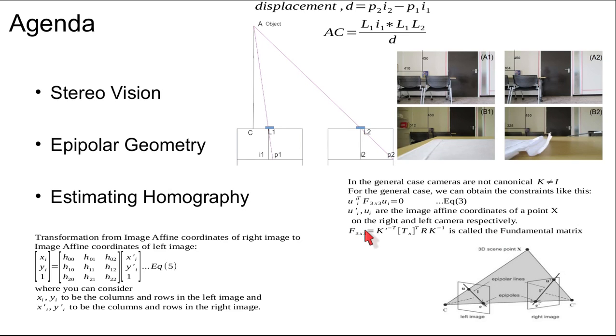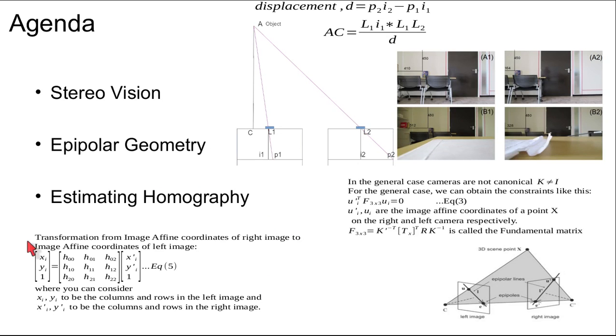Using the fundamental matrix, given that we have a point in one image and we want to find the corresponding point in another image, we don't have to search for the corresponding point in the entire second image. Using epipolar geometry and the fundamental matrix, we will be able to identify a line on the second image on which the corresponding point must lie. So the search space gets significantly reduced, and the correspondence matching problem can be made much faster.